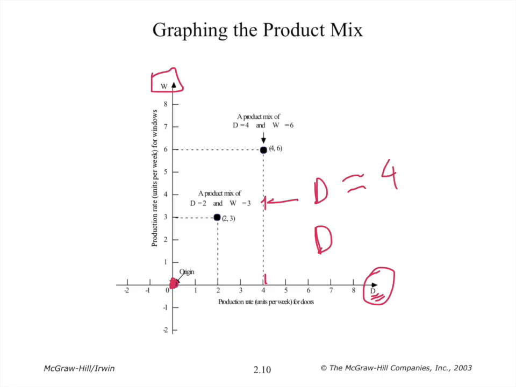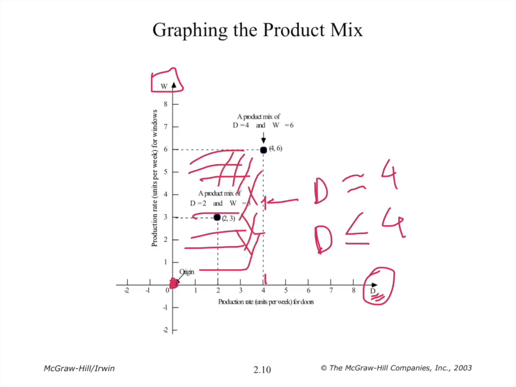How about doors lower than or equal to 4? That means the area lower than 4, this area. So we can plot doors equal to 4.